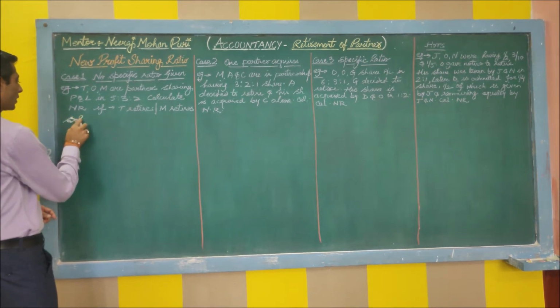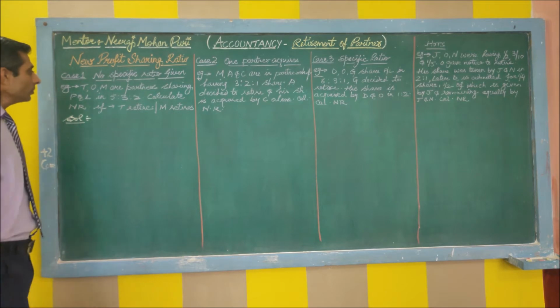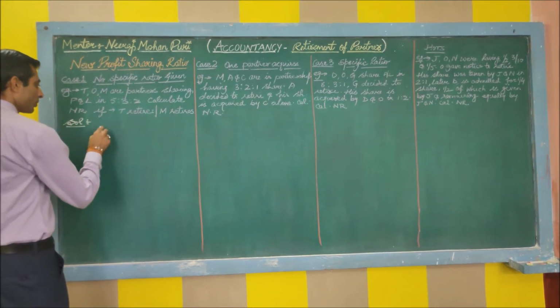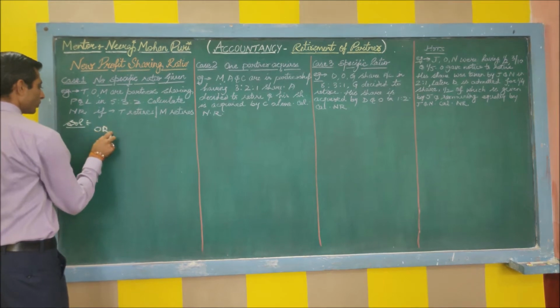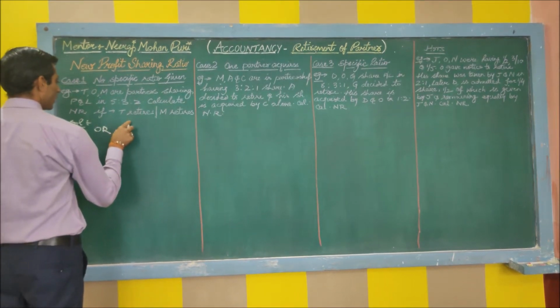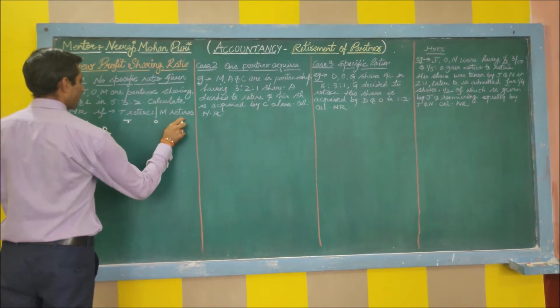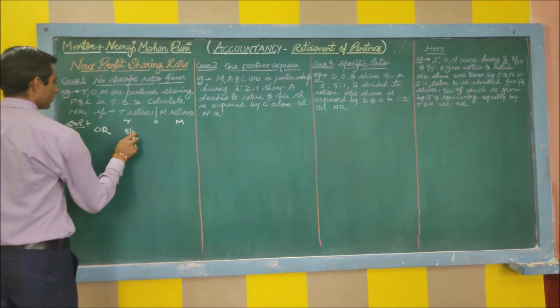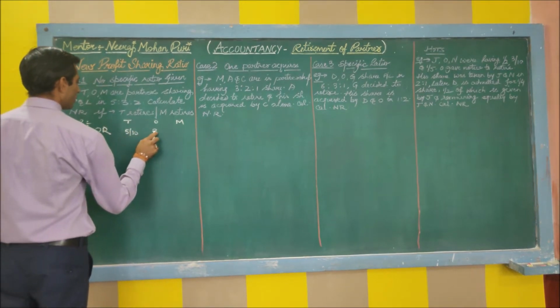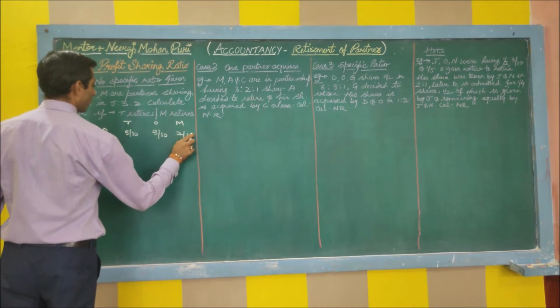Very simple and easy method. Step number 1, old ratio. Our partners are T, O, and M. 5/10, 3/10, and 2/10.